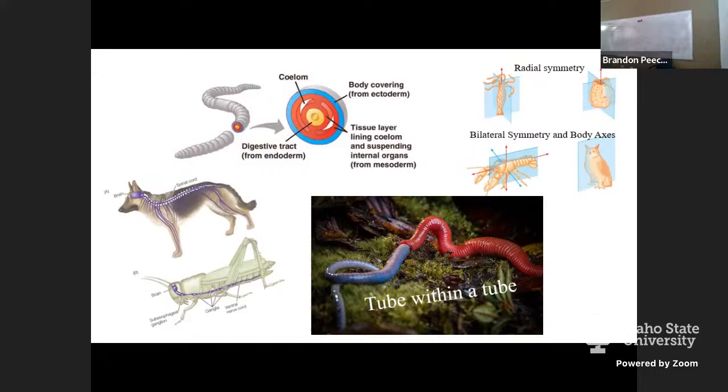Then we have sensory structures and locomotion and reproduction and all kinds of cool stuff that gets added on. But you can think about all bilaterians as basically tubes within tubes that live. And why I like this picture, it made me laugh when I first saw it, is that's a tube within a tube within a tube within a tube. Because when that leech eats that worm and swallows it whole, you've got four tube layers in there. Okay, anyway.